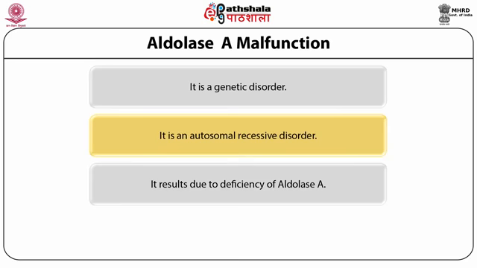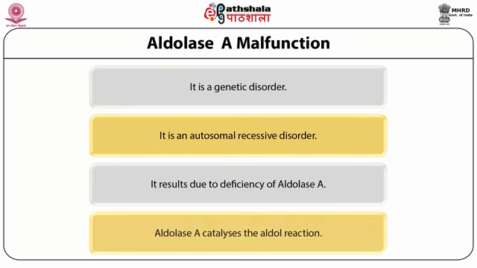ALDO-A gene encodes fructose 1,6-bisphosphate aldolase. Aldolase A catalyzes the aldol reaction. This reaction is reversible, acting on the fructose 1,6-bisphosphate. Fructose 1,6-bisphosphate is split into glyceraldehyde 3-phosphate and dihydroxyacetone phosphate.